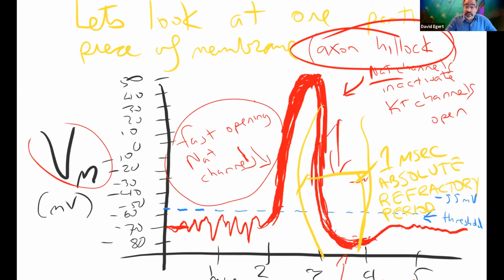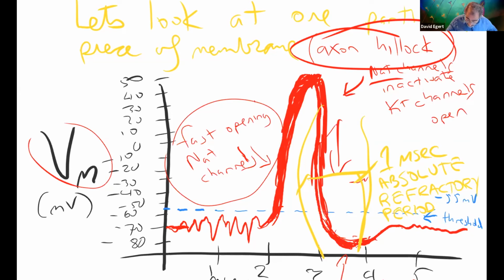We're going to see that this is going to be very important in a few moments. So right after you fire off one action potential, you can't fire one immediately. You have to wait at least a millisecond before the membrane recuperates and is ready to go again.